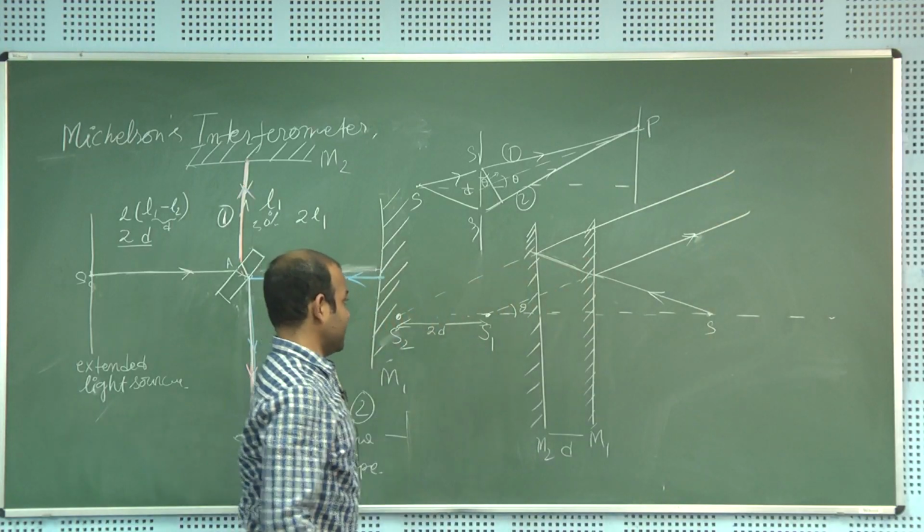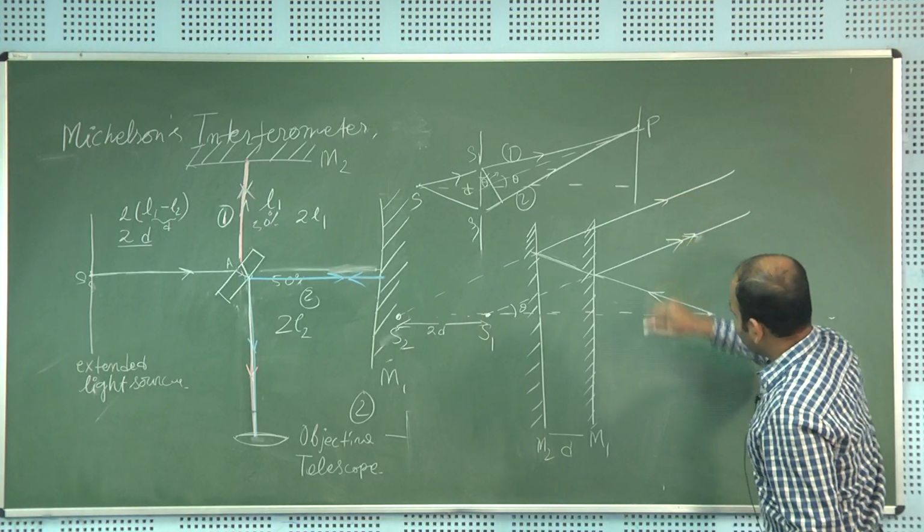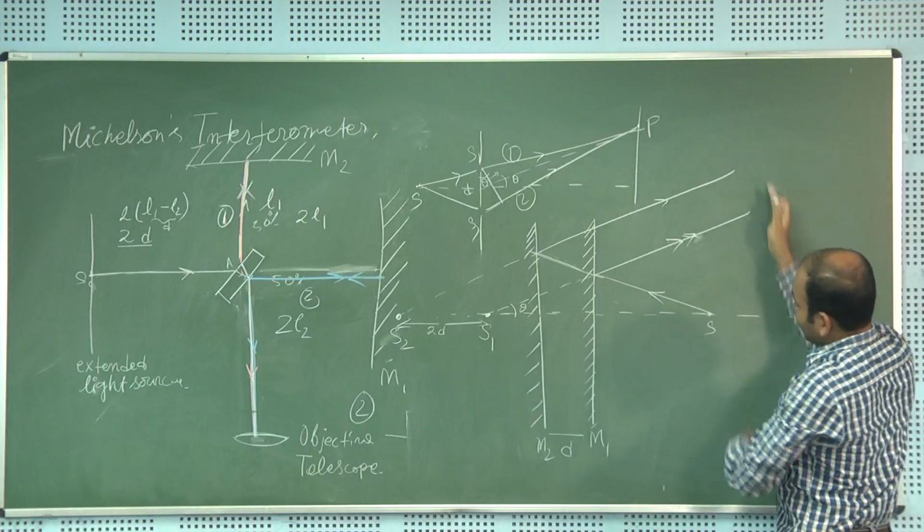So, now you see that these two rays are actually parallel, and they will not meet at a finite distance.